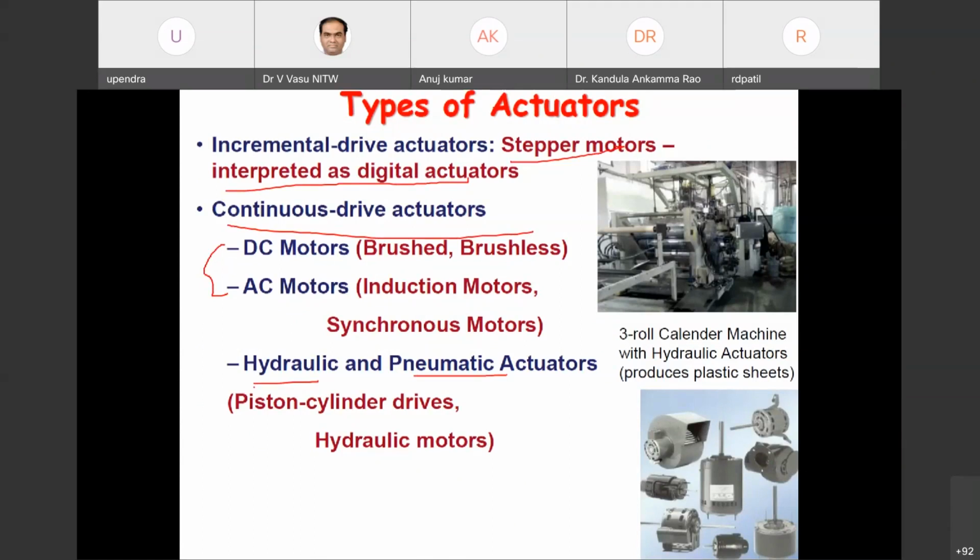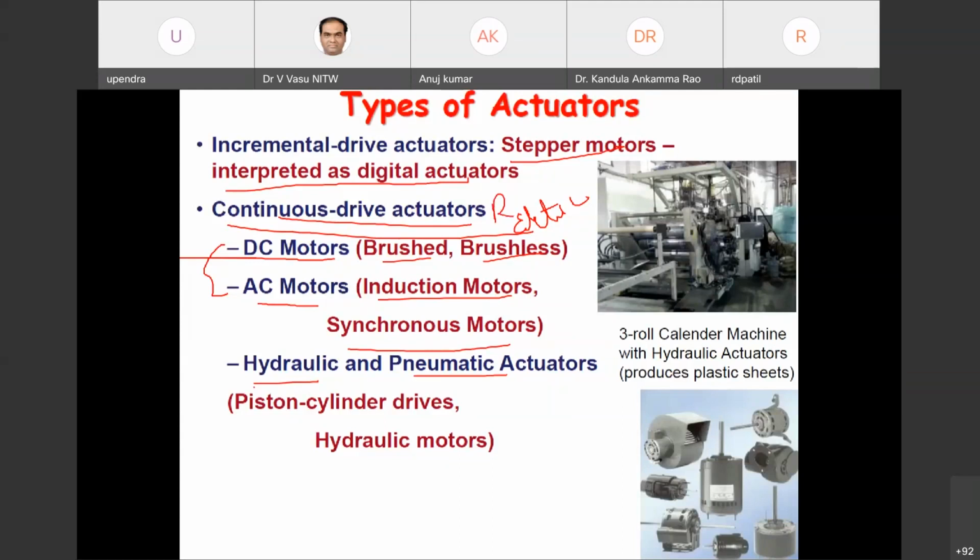In the electrical actuators, we have DC motors and AC motors. In DC motors we have brushed and brushless DC motors, and in AC motors we mainly use induction motors and synchronous motors. These are the electrical actuators, which give continuous motion and are mainly used for rotary motion.